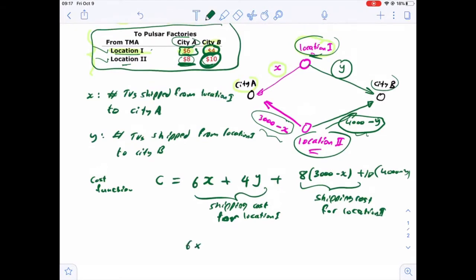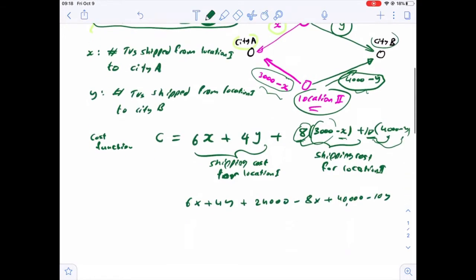So we have 6x plus 4y plus 8 times 3,000, which is 24,000. And 8 times negative x, negative 8x, then 10 times 4,000, 40,000. And 10 times negative y, negative 10y.